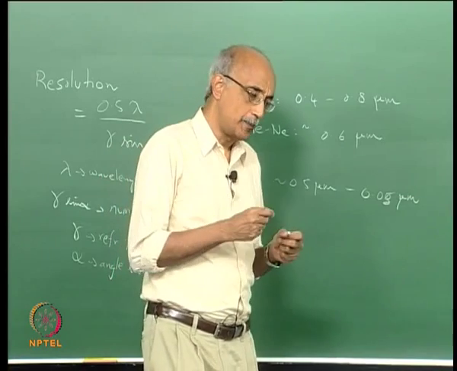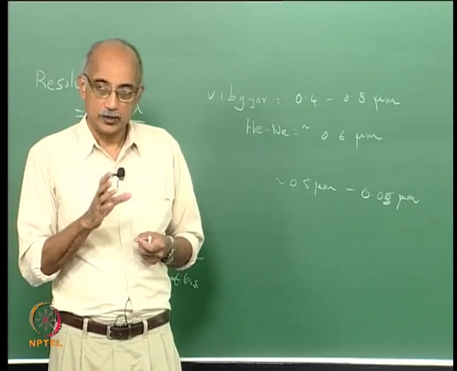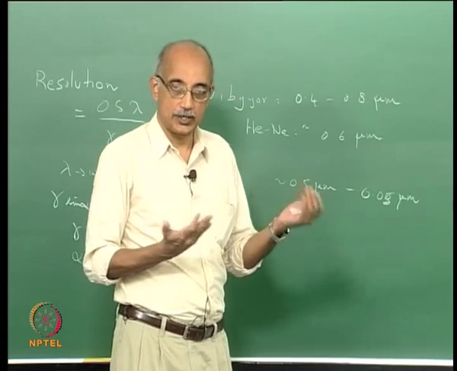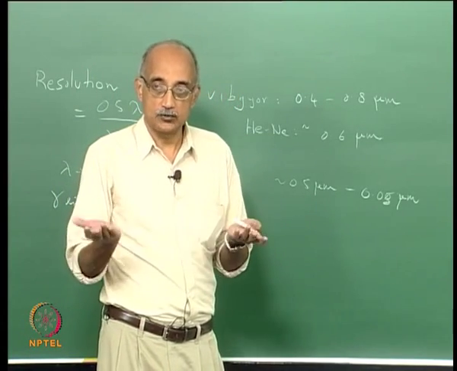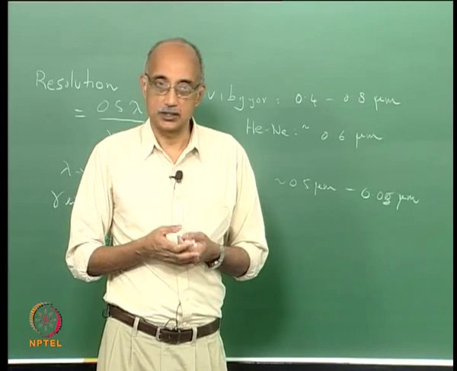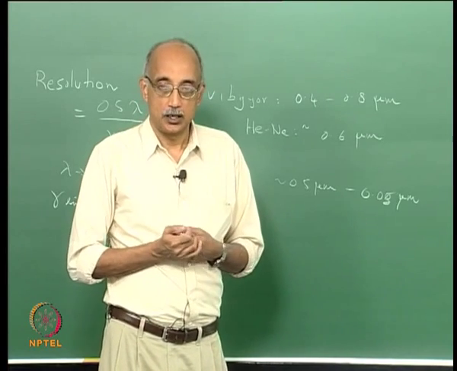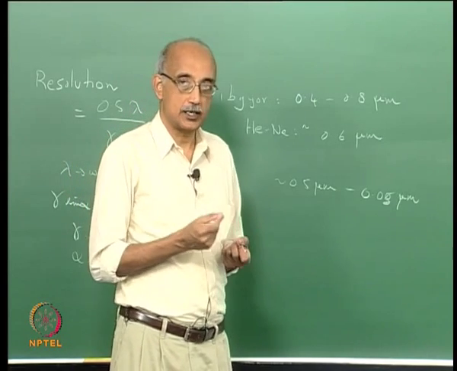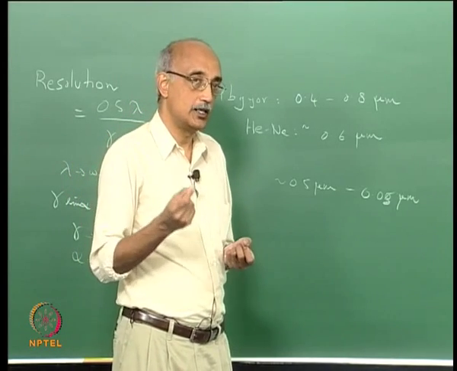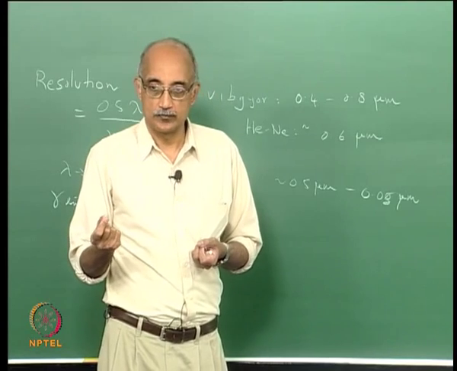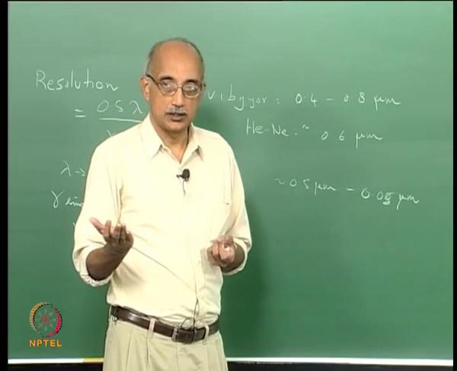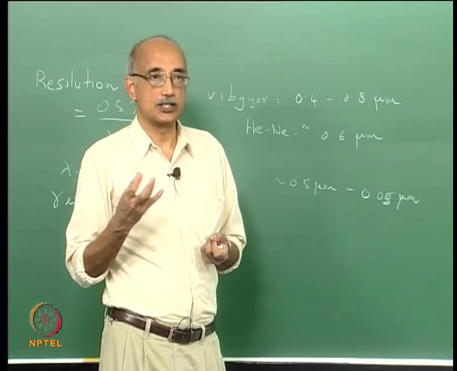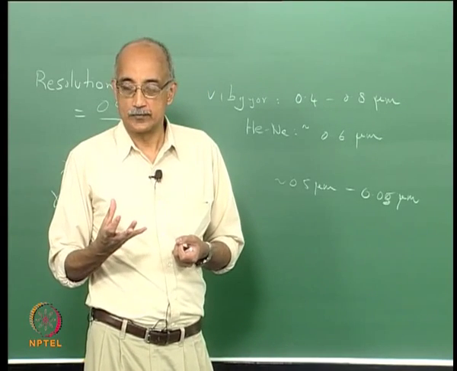So, this property of suspended particles to affect light transmission characteristics can have positive as well as negative consequences. The negative consequences, as we described, are things like loss of visibility and so on, but it also has a positive influence in the sense that we can make use of the ability of particles to scatter light and to absorb light as a way to characterize that size distribution in a suspension.